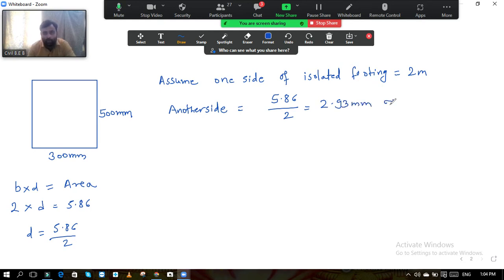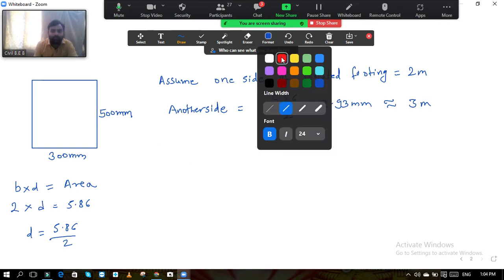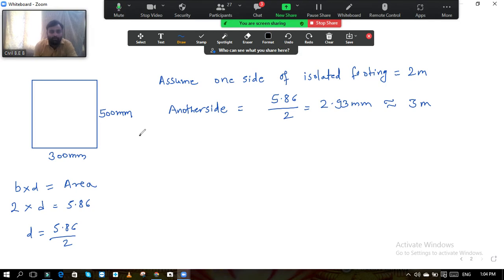We will round up this 2.93 to 3 meter. So we can say the dimensions of footing are 2 meter by 3 meter. We are providing 2 meter by 3 meter.